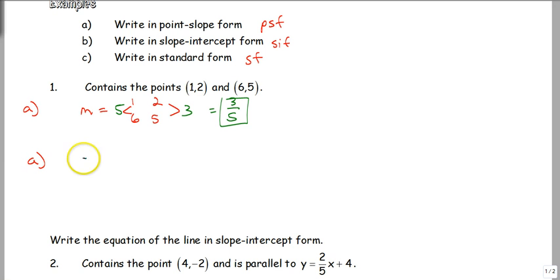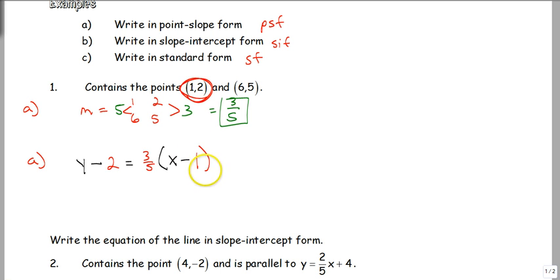So for my final answer for part A, I'm going to pick a point. Let's pick the easy one, why not? I'm going to pick 1, 2, and I'm going to use this slope. So here's how you do that. It's always y minus the y value, which is 2 here, equals the slope, parentheses, x minus the x value, and in this case the x value is 1.